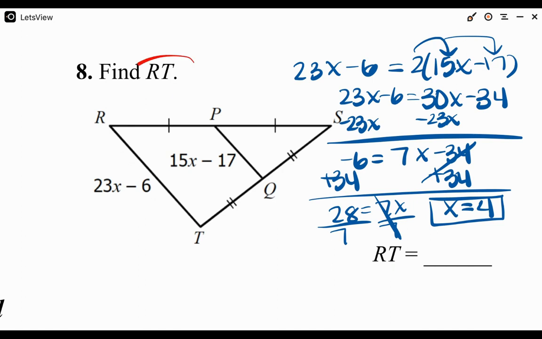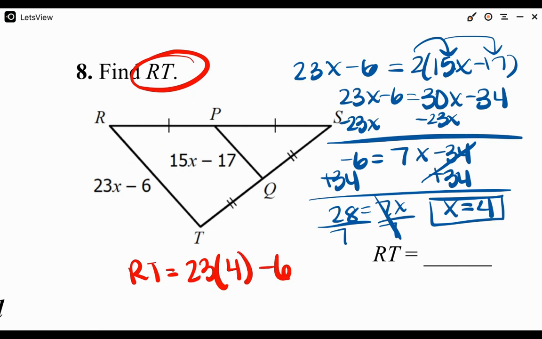But we wanted RT. So RT is equal to 23 times 4 minus 6. 23 times 4 gives us 92, minus 6. So RT is 86. So this length is 86.